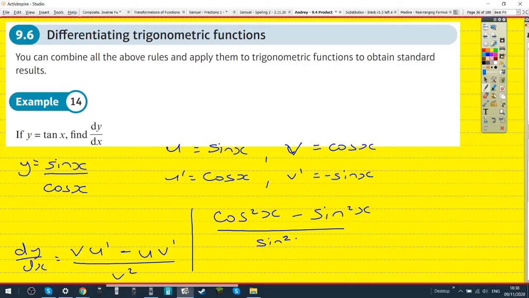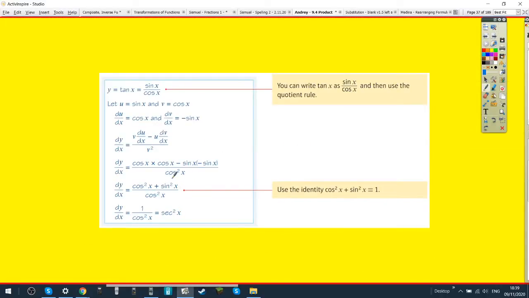Sine squared x. Yeah, and there's probably this thing up the top, cos squared x plus sine squared x. I think there's some simplifying thing for that. So it simplifies down to sec squared x, does it?